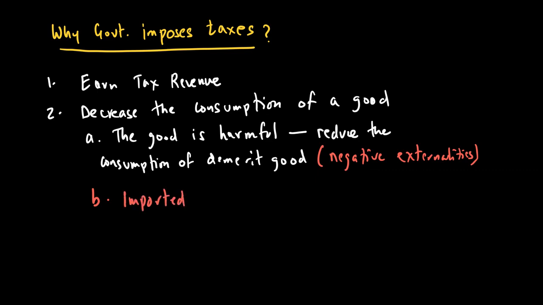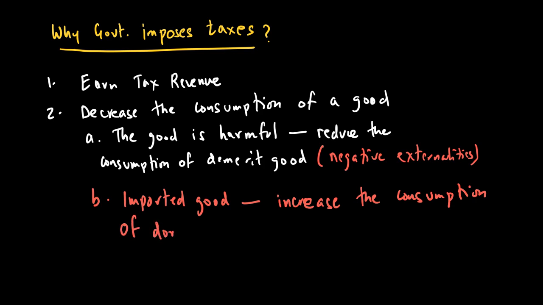Now this imported good may not be harmful, but the fact that we are putting a tax, which is sometimes called a tariff, on this good is because we want to reduce the consumption of foreign goods and increase the consumption of domestic goods.